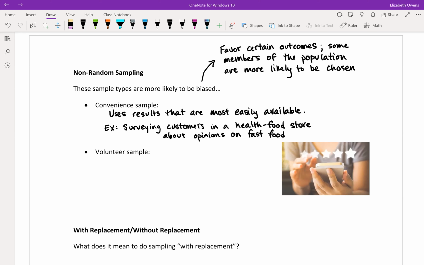Another one is the volunteer sample. People are volunteering to be part of the sample group, essentially. So in this type, only those who want to be part of the sample will participate.